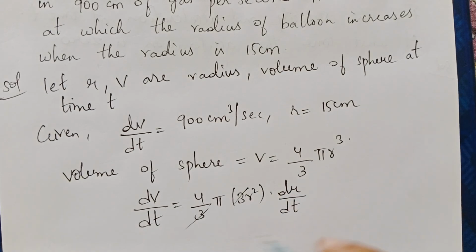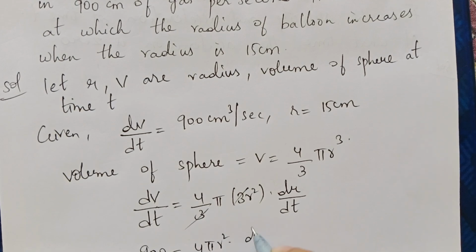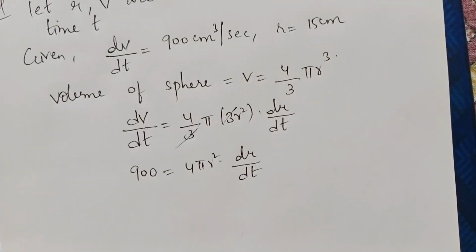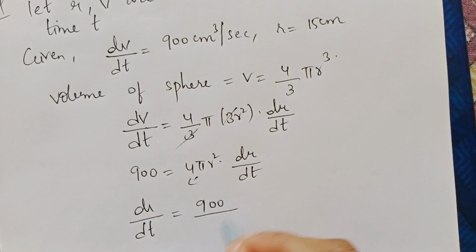So here 3's get cancelled. Now substitute dV/dt value as 900. So we'll get 900 is equal to 4 pi r square into dr/dt. Now shift this term there, so it is dr/dt is equal to 900 by 4 pi r square.